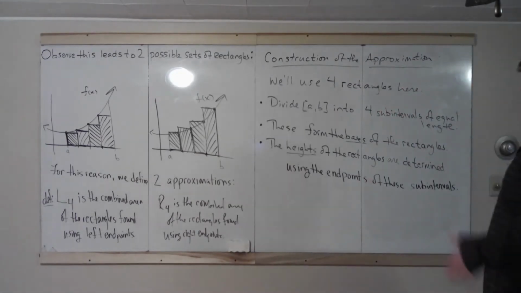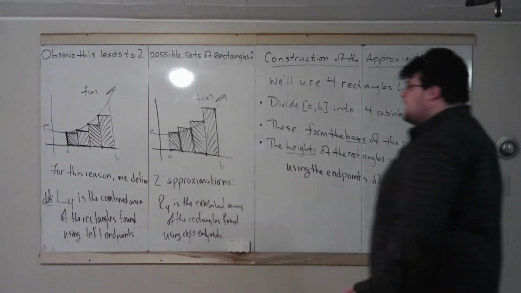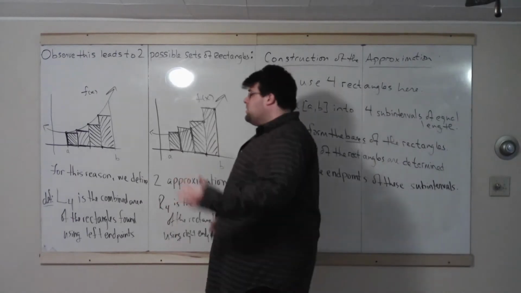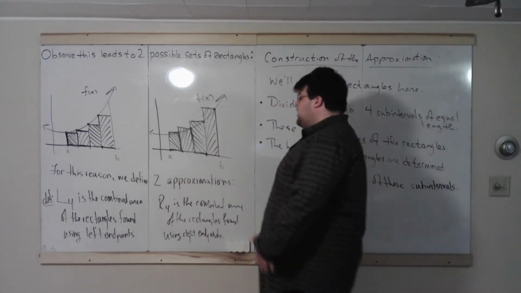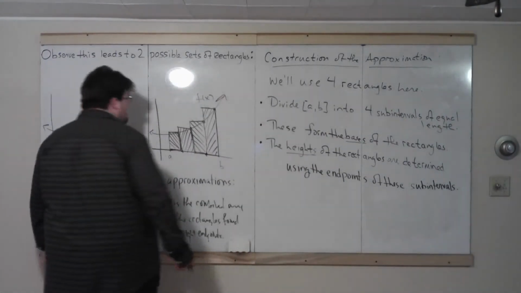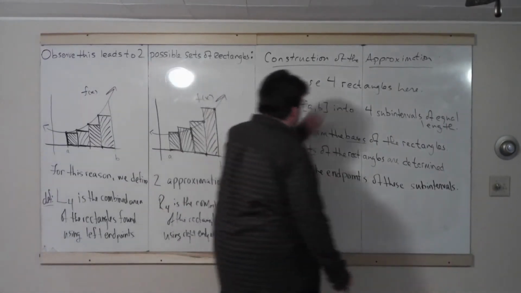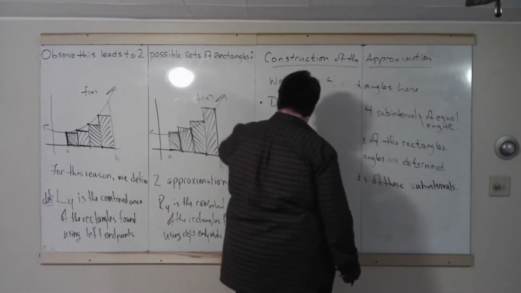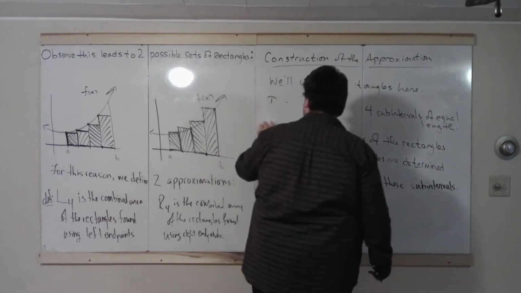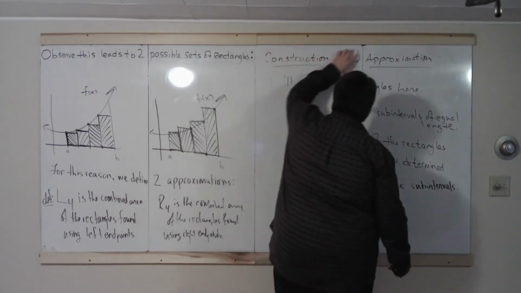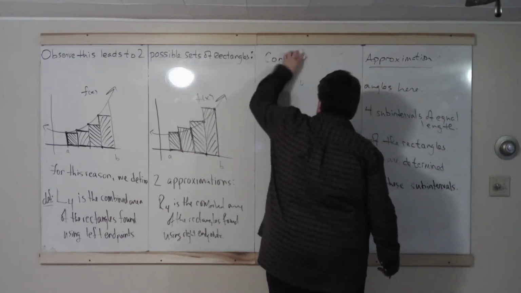So we have now two different approximations, and notice again, these are approximations. These do not give us the exact area. But, let's make one more observation before doing some computations.